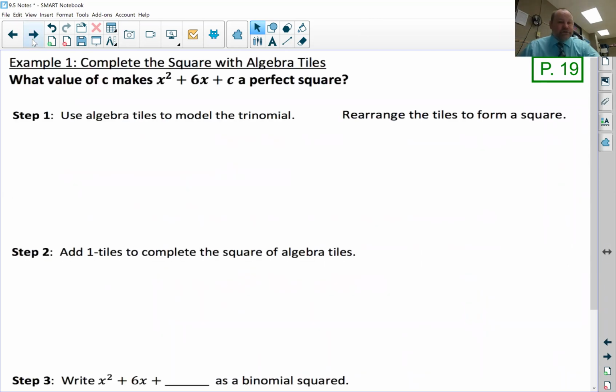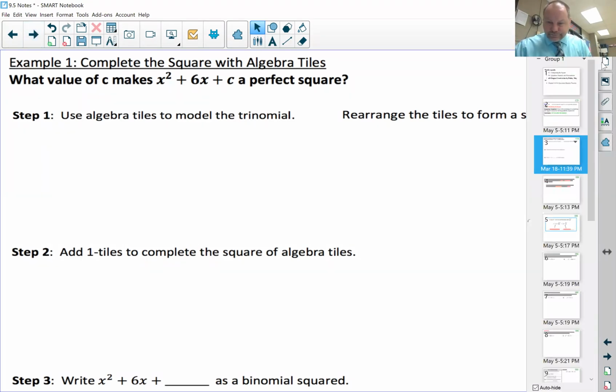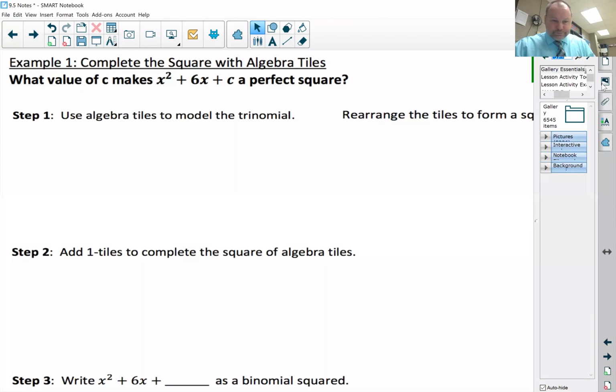All right, so we have, what value c makes x squared plus 6x plus c a perfect square?